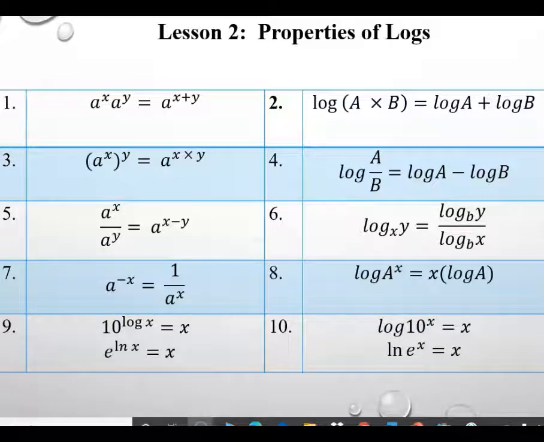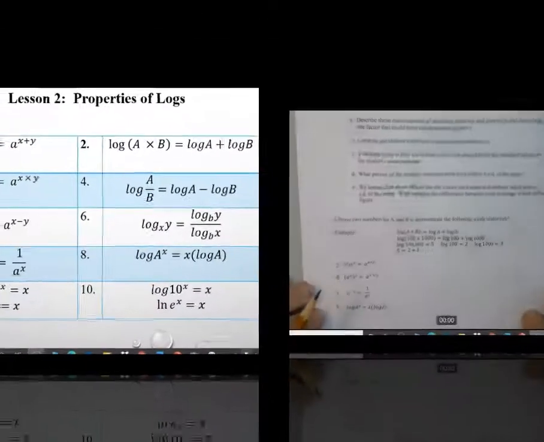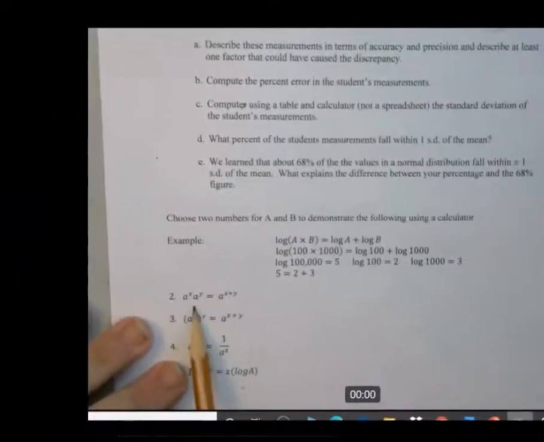The first one has to do very simply with this first principle, that a to the x power times that same base to the y power equals a to the x plus y. So let's go back, and I'm going to do that one on the sheet here. So there we have that same principle.